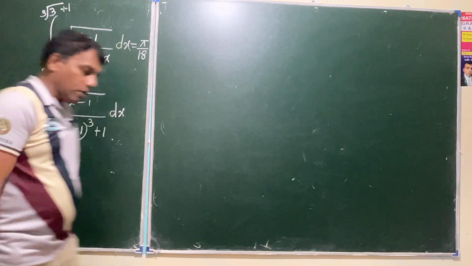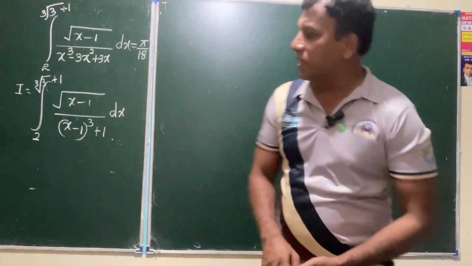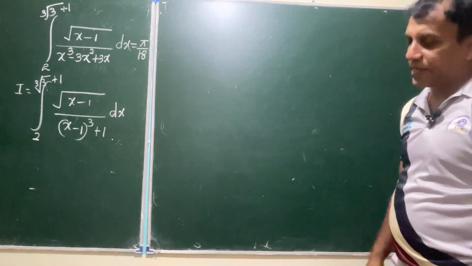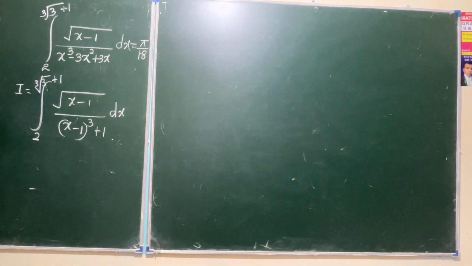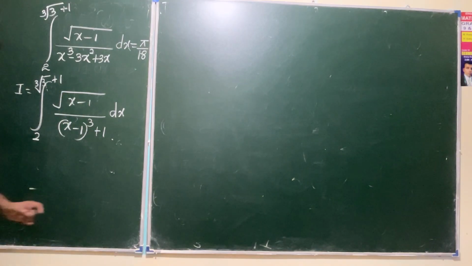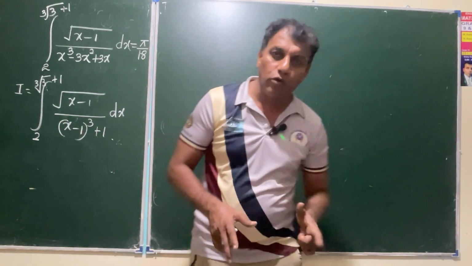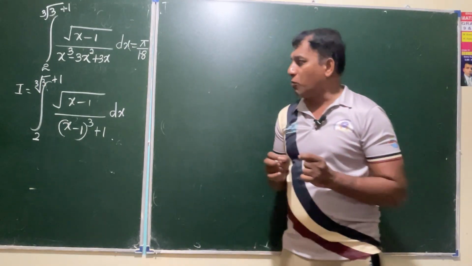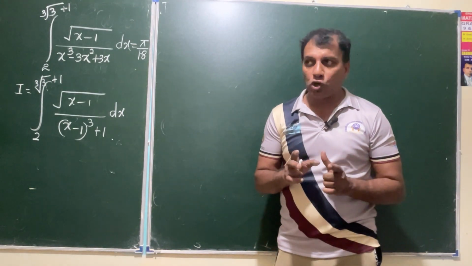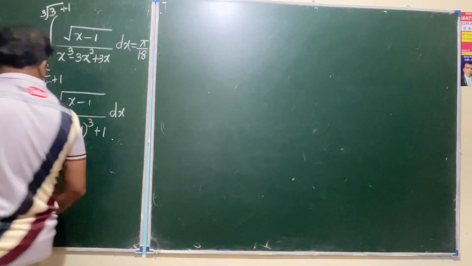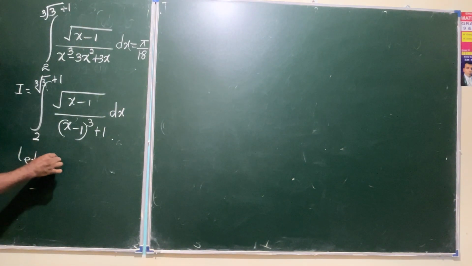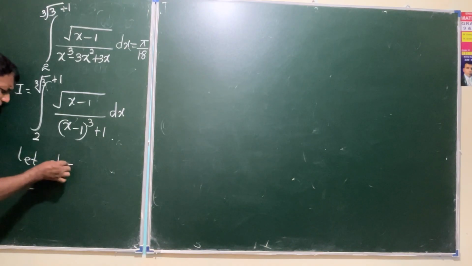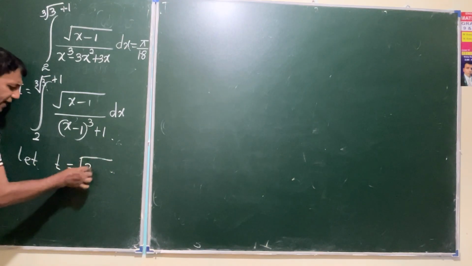Okay, nice. Now I will show one substitution. I will use the square root of x minus 1 as t or u, one of the most suitable transformations for this problem. Let t equal the square root of x minus 1.